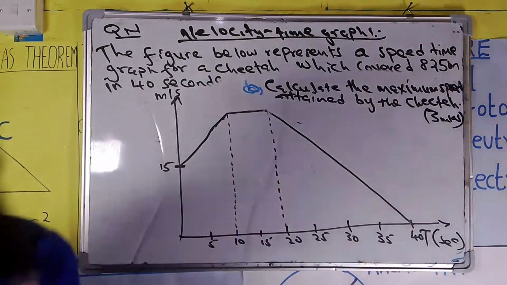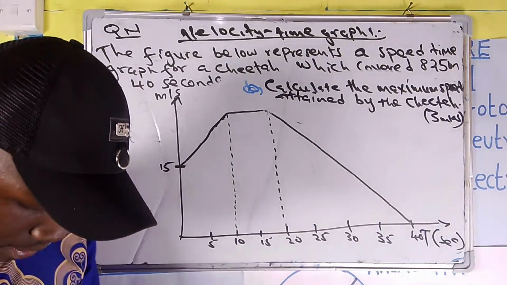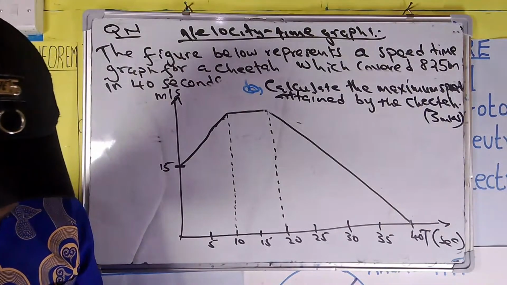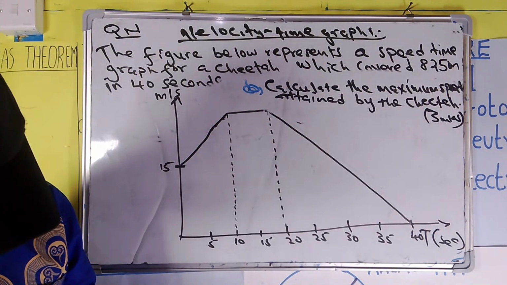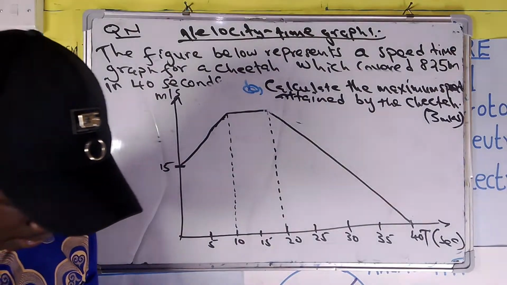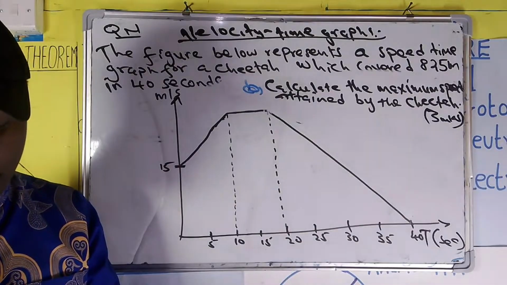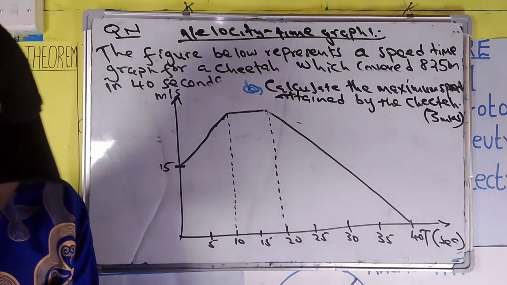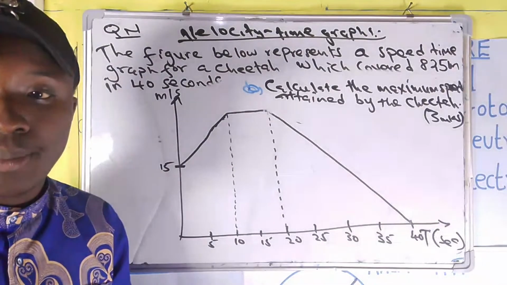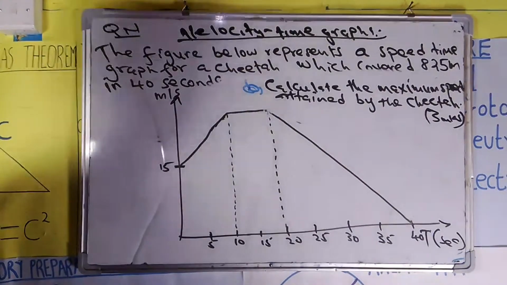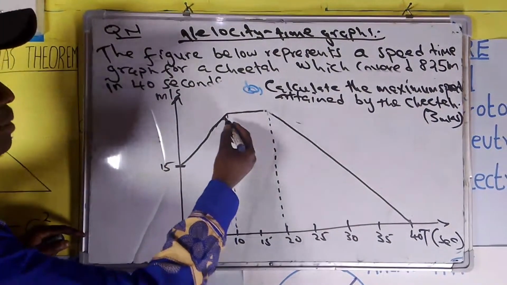So acha niweke ink ya blue so that we can work with a blue pen. So what we are going to do in this case, I want you to note that the maximum speed is here.